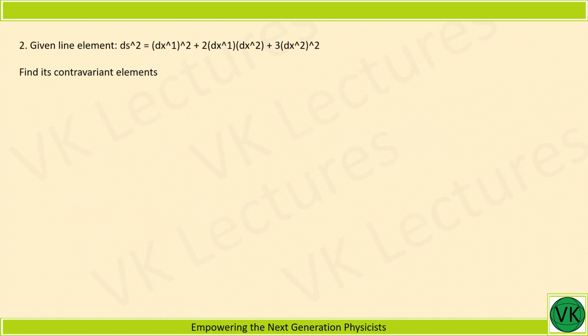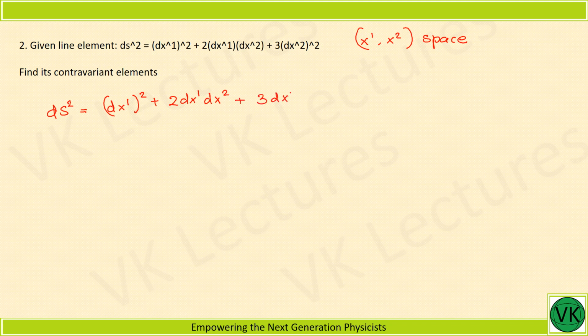Here we have the question ds squared, the separation in the x1 x2 space. Here we have dx1 squared plus 2 dx1 dx2 plus 3 dx2 squared.